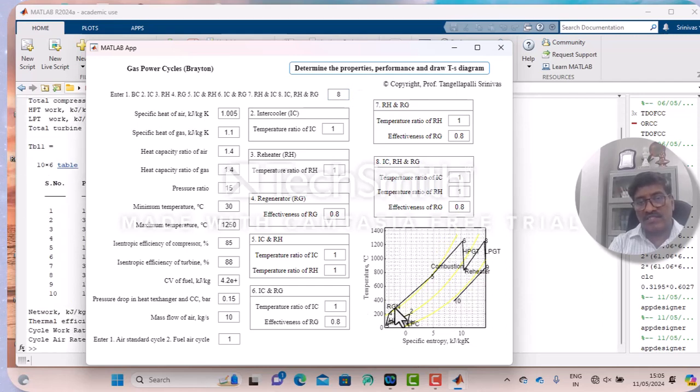In this 8th model, intercooler and regenerator and reheater, all the options have been shown in this model.